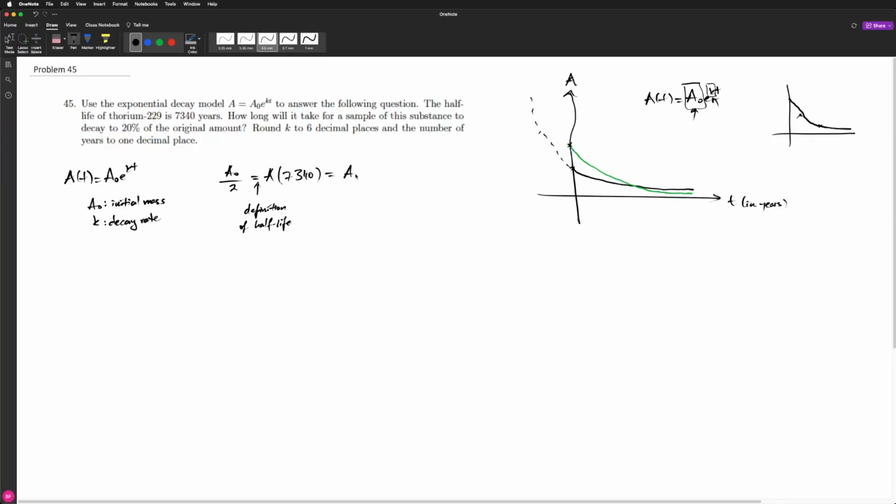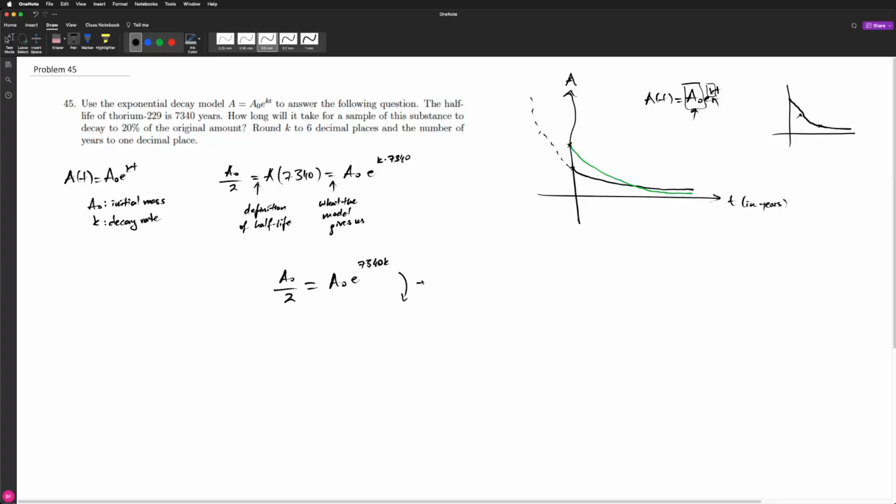And on the other hand, what the model gives us is A0 times e to the power, I don't know what k is, times 7,340 years. I just plug t into my model. So if I bring the rightmost side and leftmost side together, and rearrange the power, I get this equation.